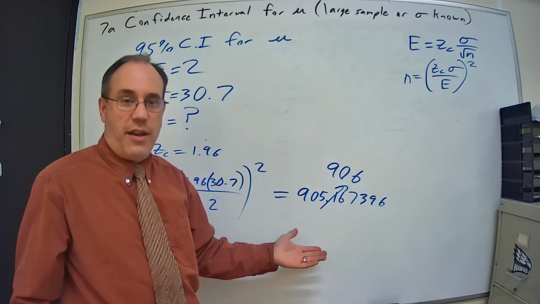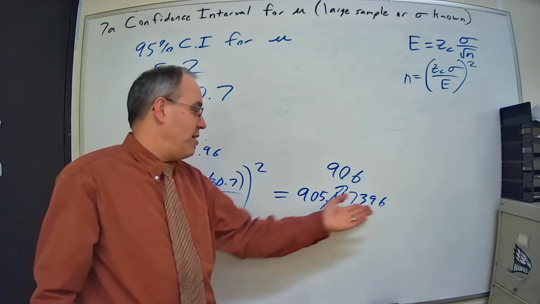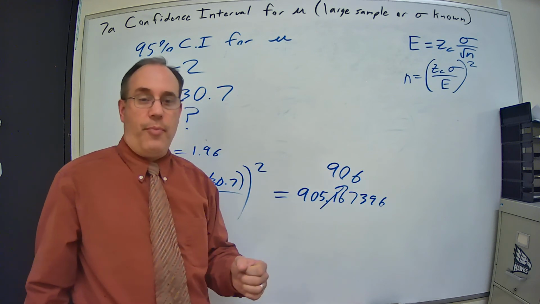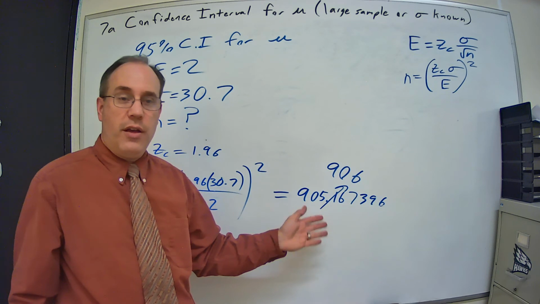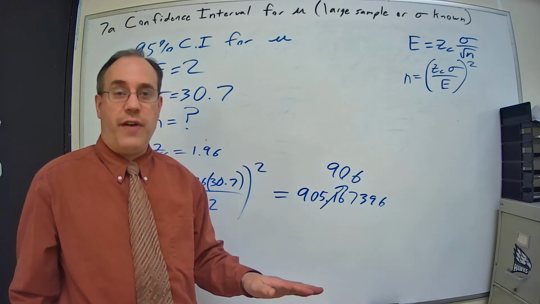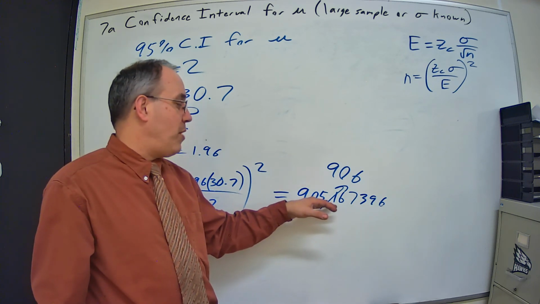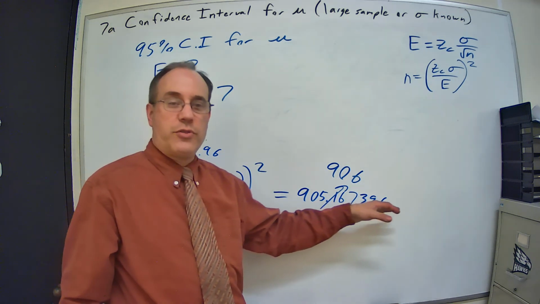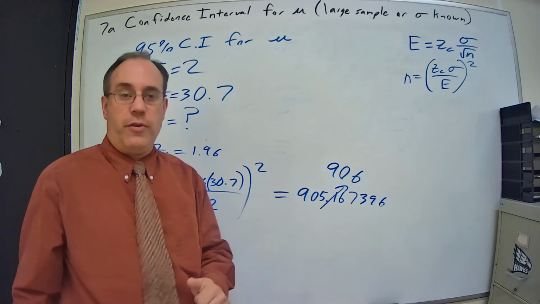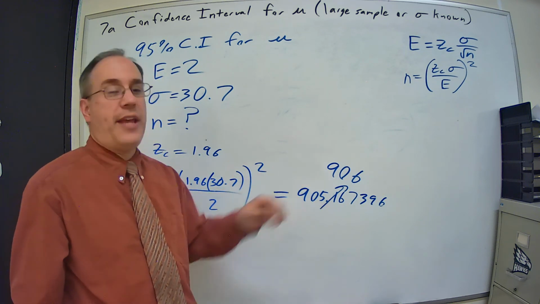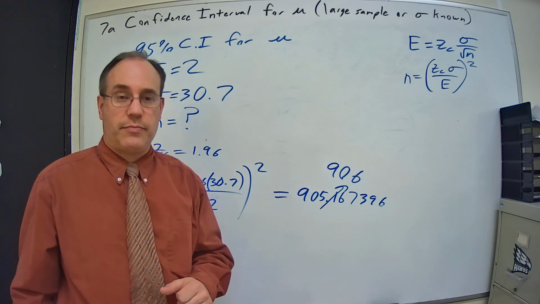We have less than. So we have to round up. If this came out to be exactly 905, then fine, we need 905. But if it's at all above that, even 0.000000001, then we're required to round up. Never round down when finding the sample size.